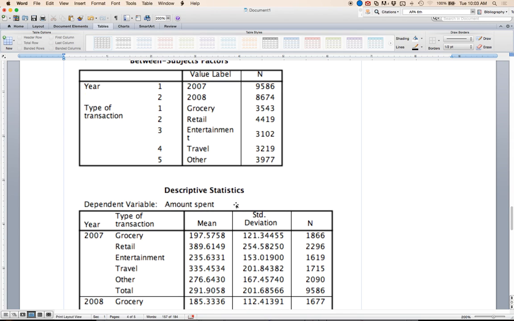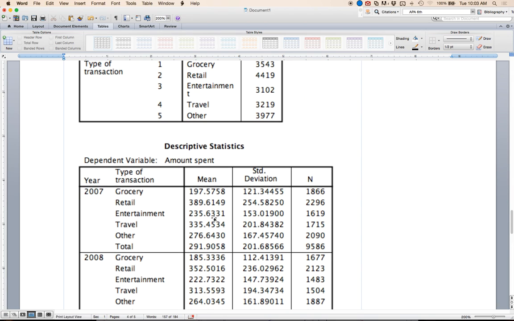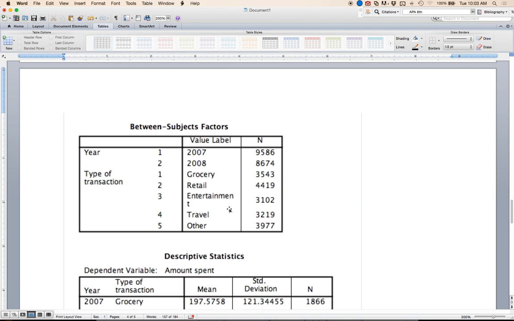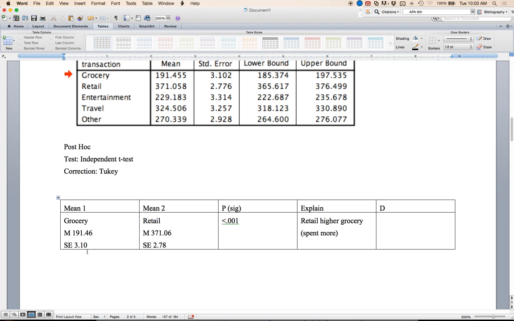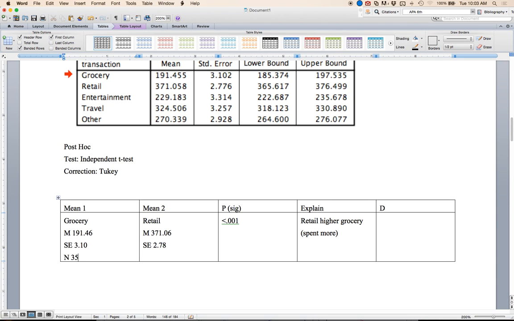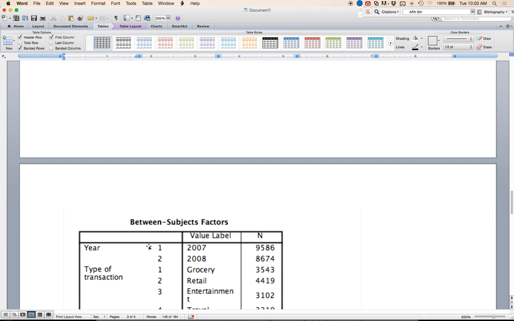I could look at this box, but I think it's confusing because you'd have to go down here. So I'm going to save the second one for my interaction test in a second. But for right now, I've got grocery as 3543. Put that up here. And for retail, 4419, right here.